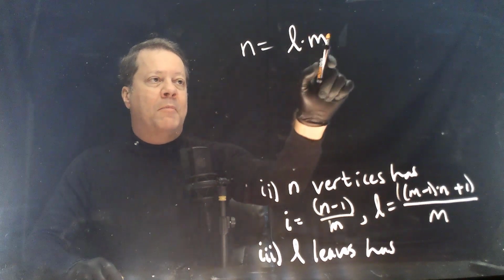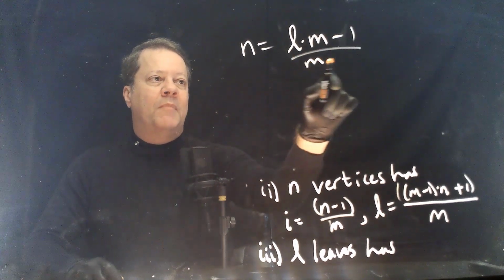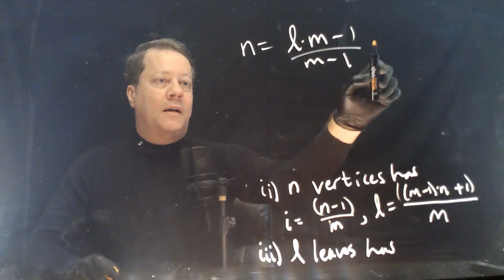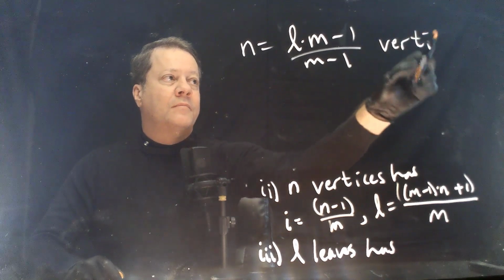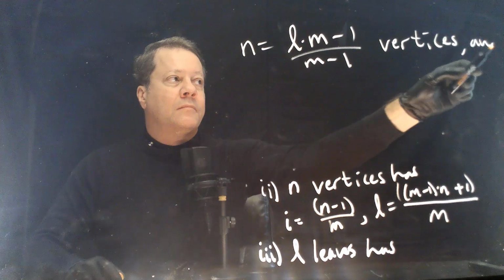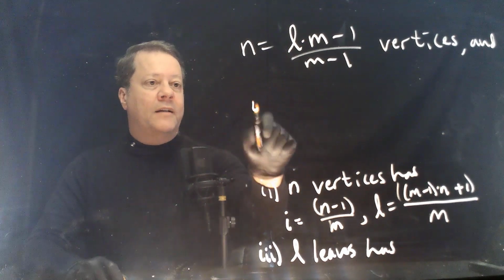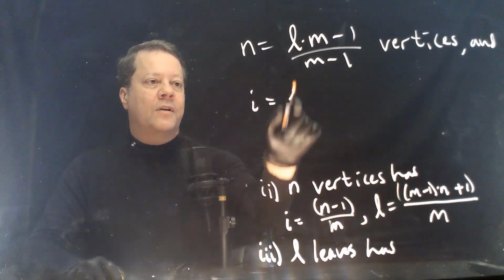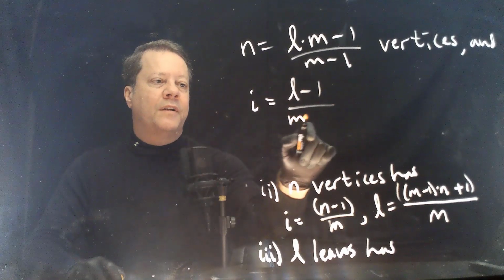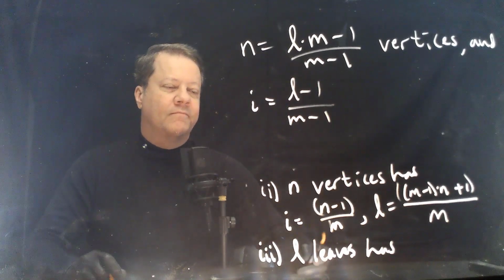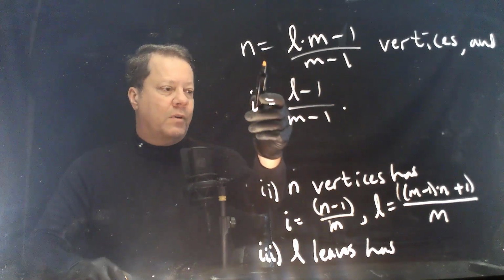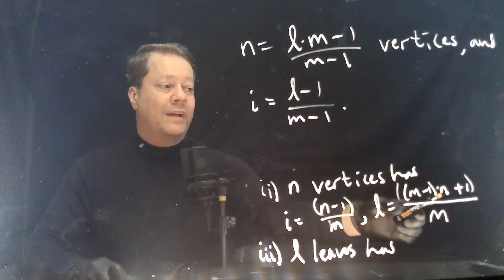L times m minus 1 over m minus 1 vertices. And how many internal vertices? It's going to be L minus 1 over m minus 1.